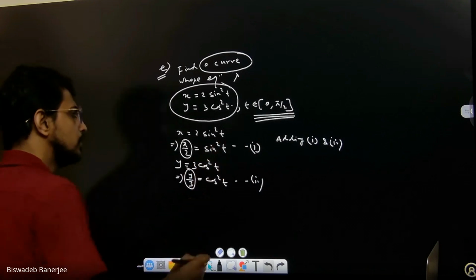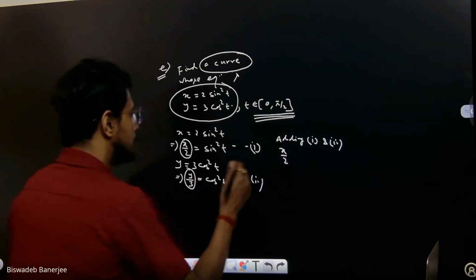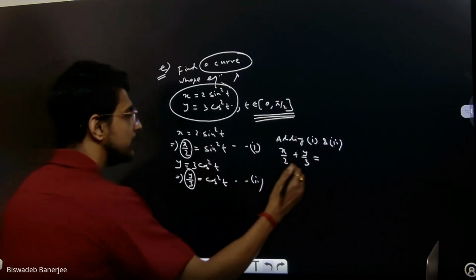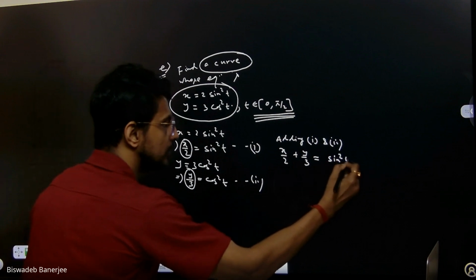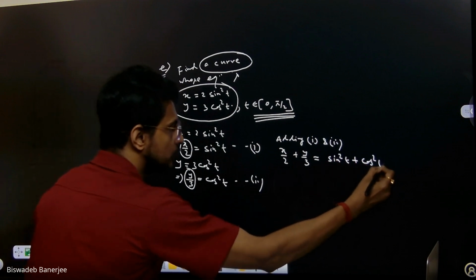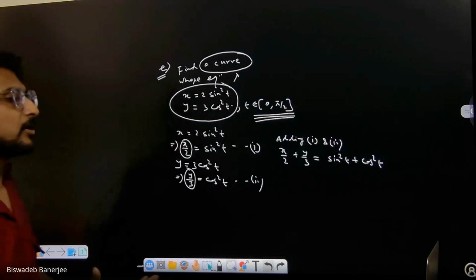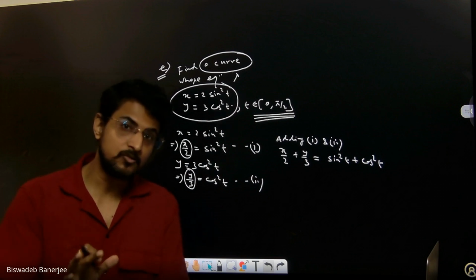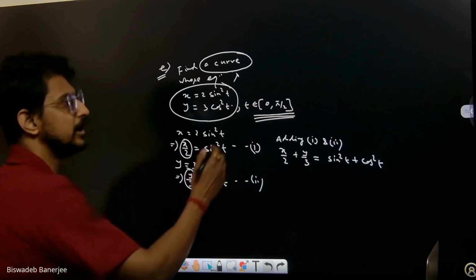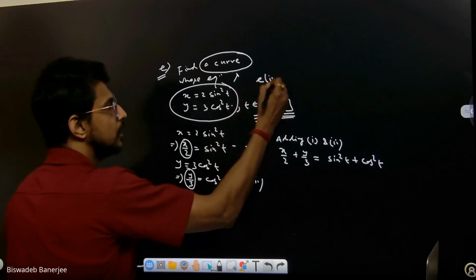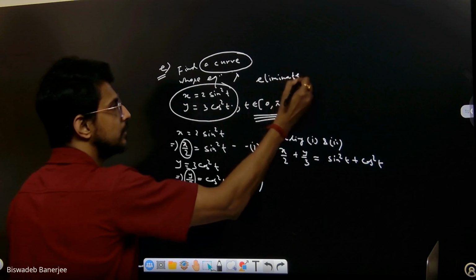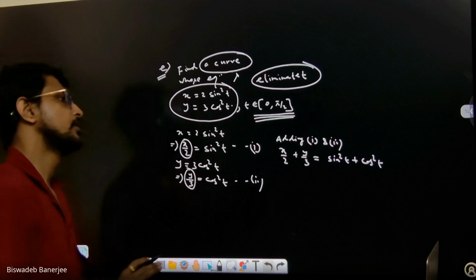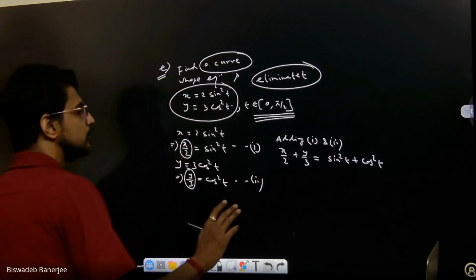Adding 1 and 2: x by 2 plus y by 3. If we add, right hand side will be sine squared t plus cos squared t. What is my target? Basically, in this type of question, my target is to eliminate t. We have to eliminate t at any cost. So we are just adding. You don't need to take square.